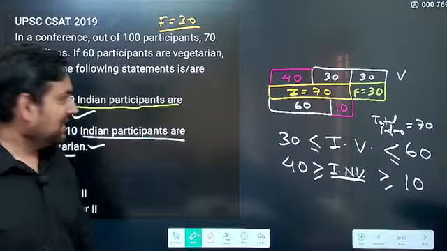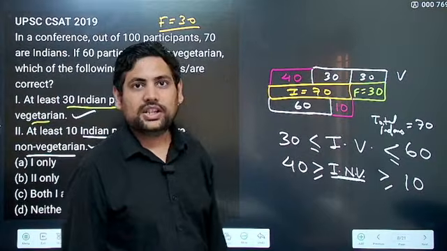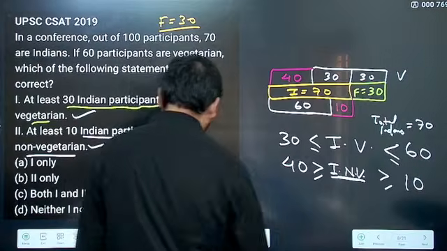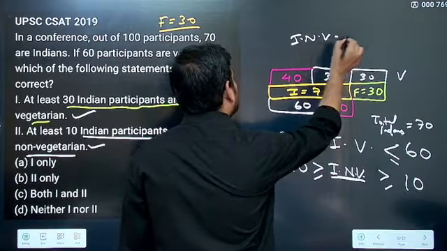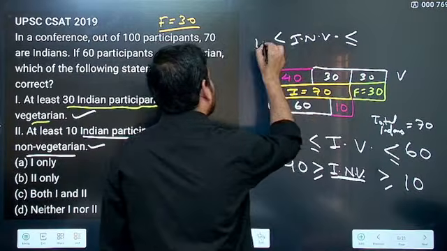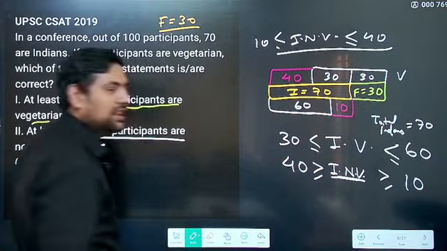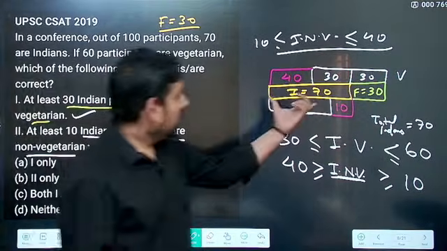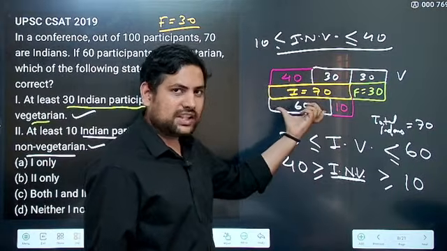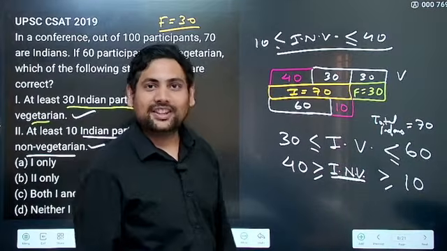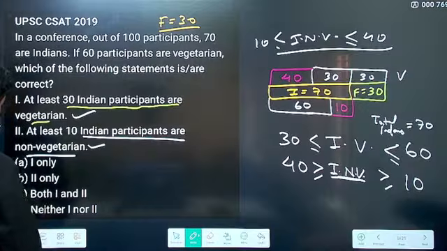What is the range? If this was the diagram for vegetarian, what remains is the non-vegetarian. So Indians who are non-vegetarian are very clearly between 10 and 40. You did this using the remaining diagram, that if 30 Indians are vegetarian, then 40 may be non-vegetarian. If 60 are vegetarian, then 10 may be non-vegetarian. So this is another way of doing the same thing. Both are actually correct.